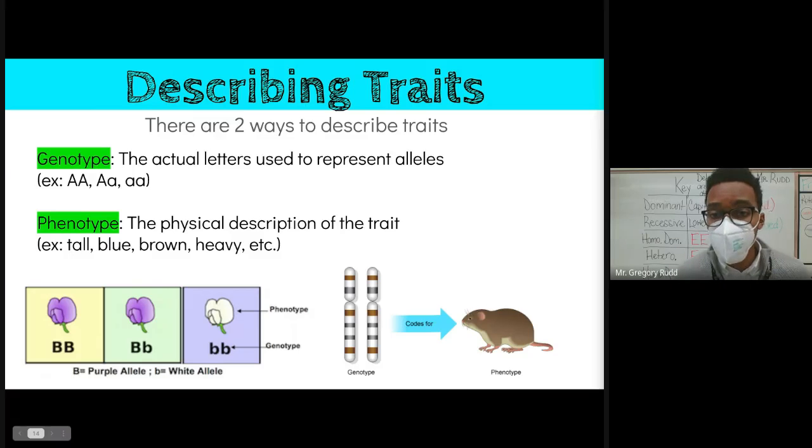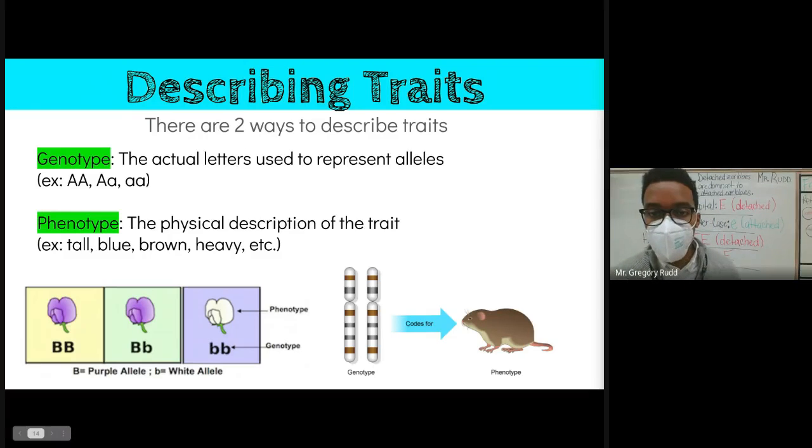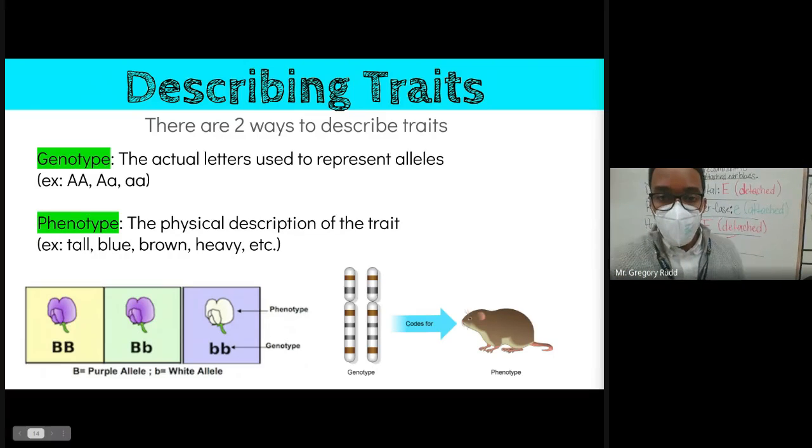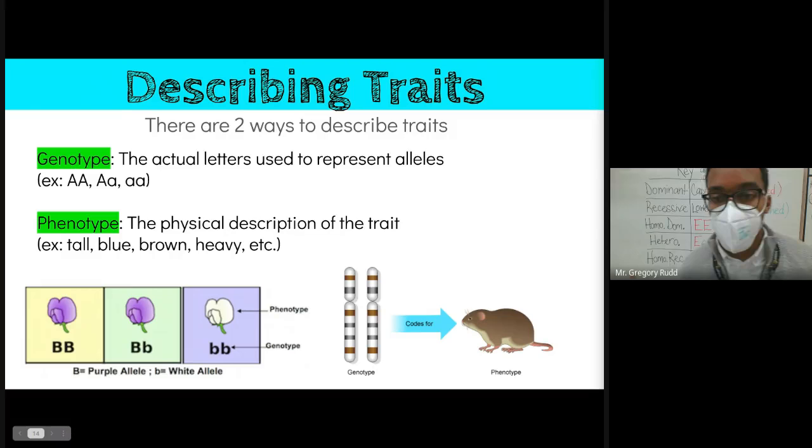I can only get detached ears. All right, so homozygous dominant, of course, that genotype gives me the phenotype of detached earlobes. They're describing the same thing. All right. Now let's think about this guy or gal or person down here.